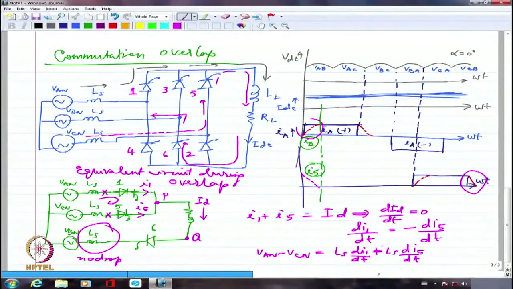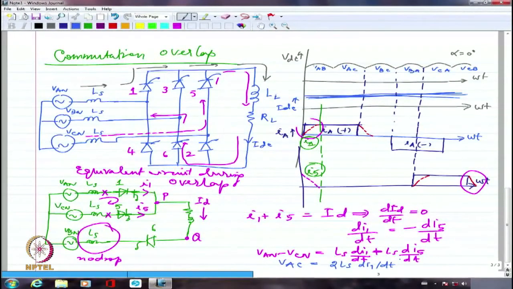If we include the device characteristics also, we are in for major trouble. That's why we are not doing that. We are only taking care of the transformer here. So I should be able to write this as VAC equal to 2LS into di1 by dt, because dI5 by dt and dI1 by dt are of opposite sign.